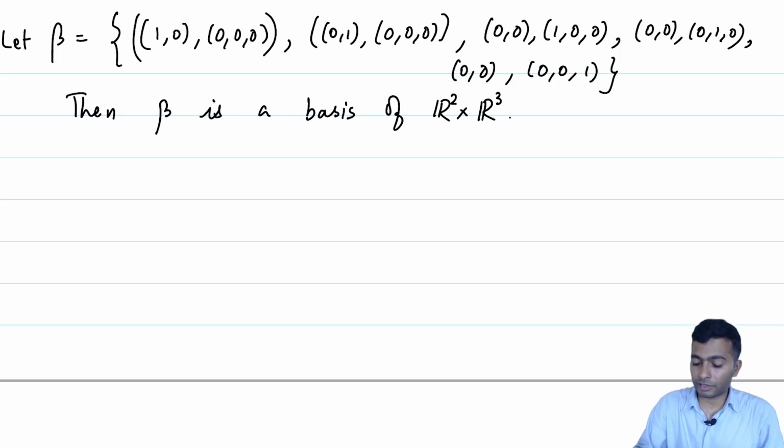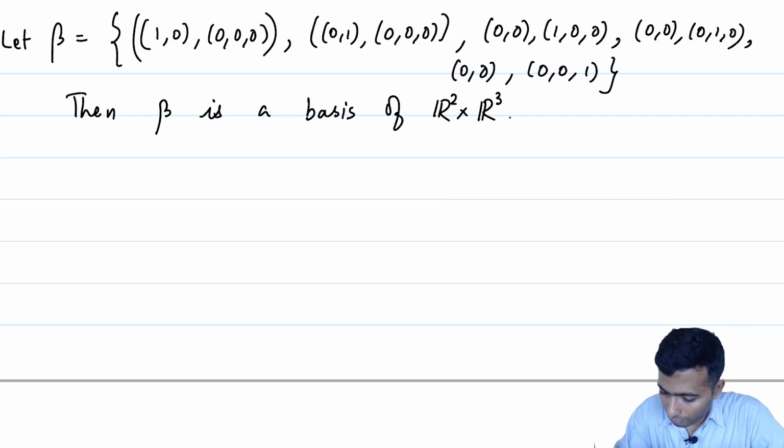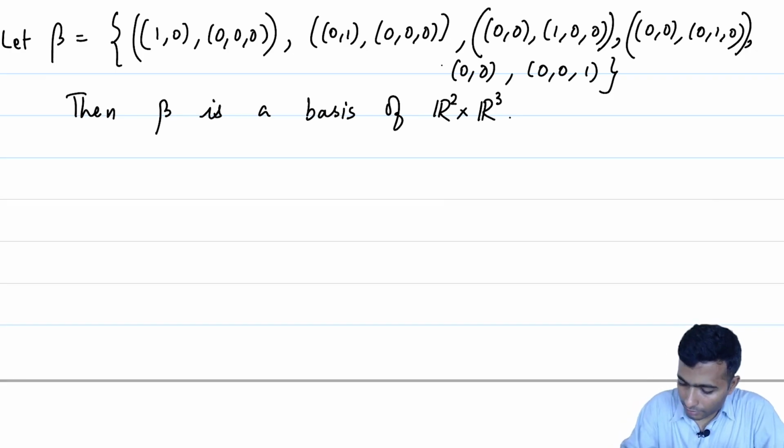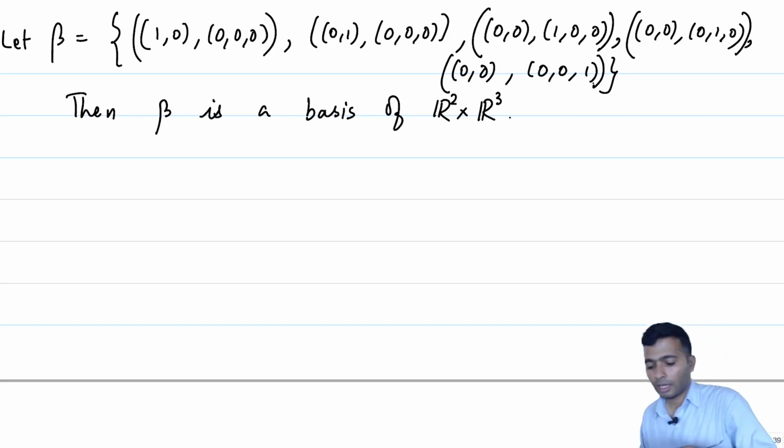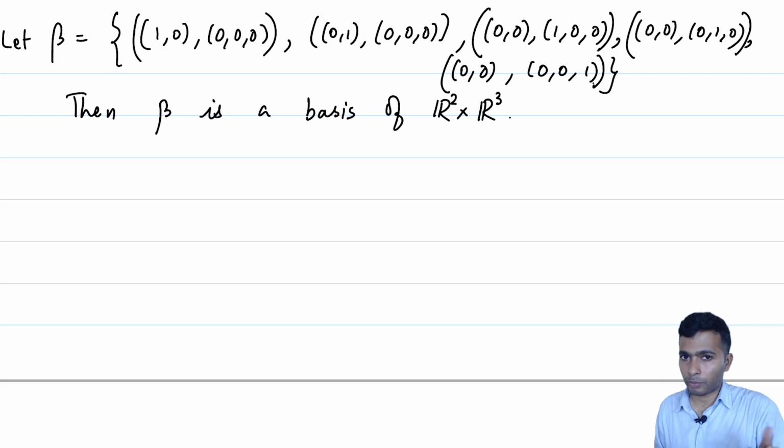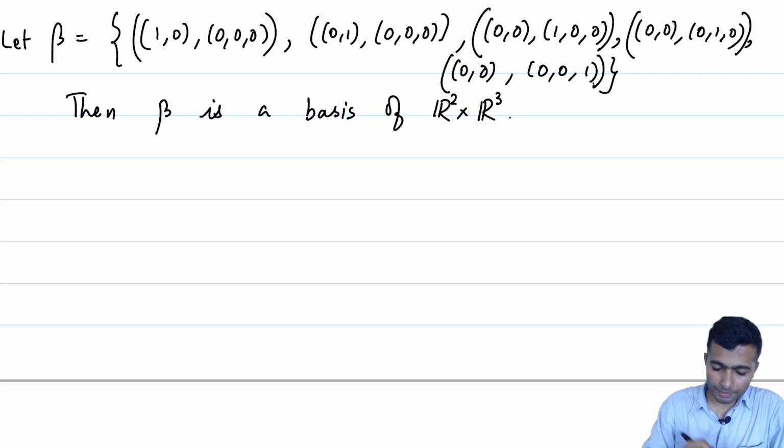If you carefully observe, we have just pulled back the standard basis of R5, which contains 5 vectors. Okay, I have not put brackets in certain places, let me do that. Otherwise, it makes no sense. So, there are 5 elements here, and these are essentially obtained by pulling back the standard basis elements.